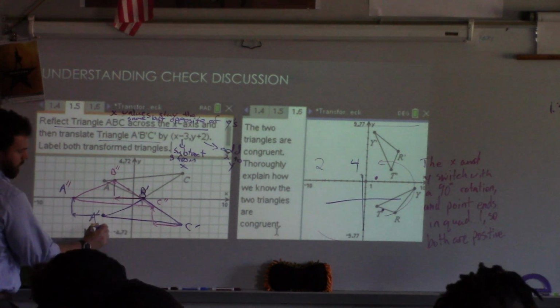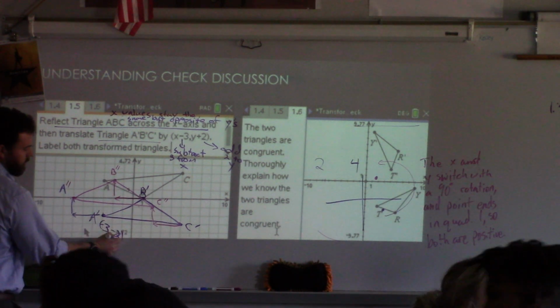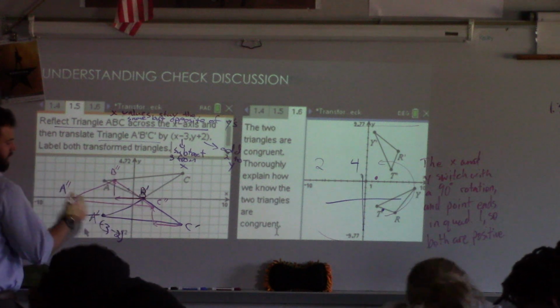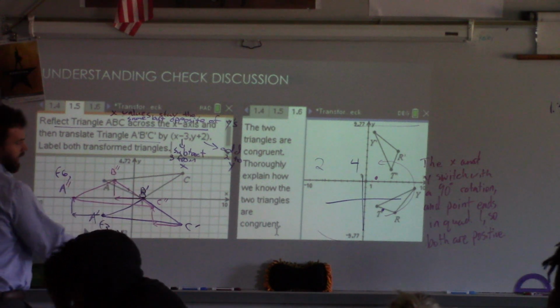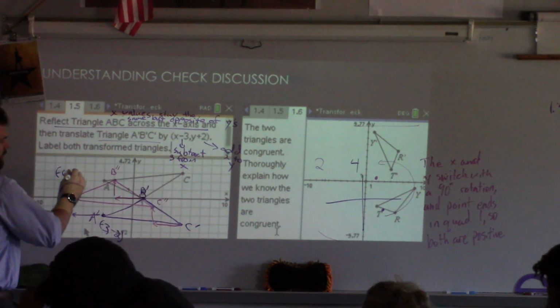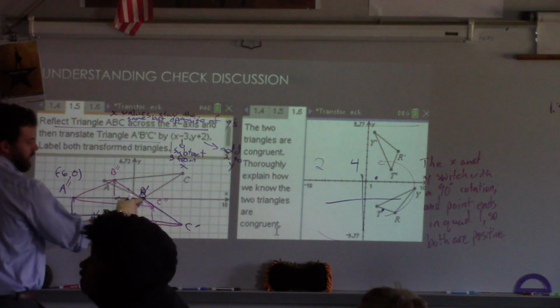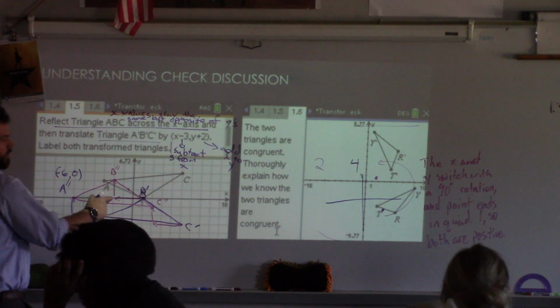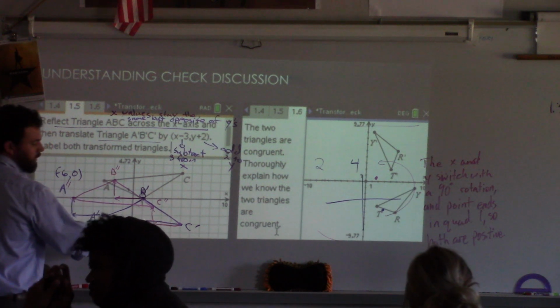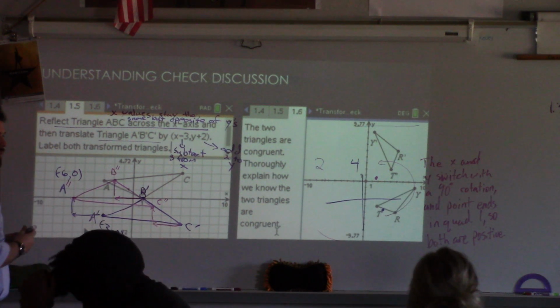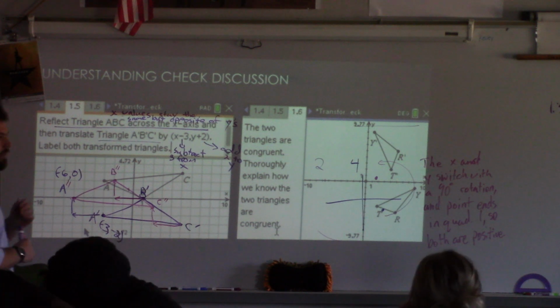So this was the point -3 comma -2. I subtract 3 from the x, that gives me -6. And I add 2 to the y, which gives me 0. That's this point. You do the same thing with each point: subtract 3 from the x, add 2 to the y. Does that make sense?